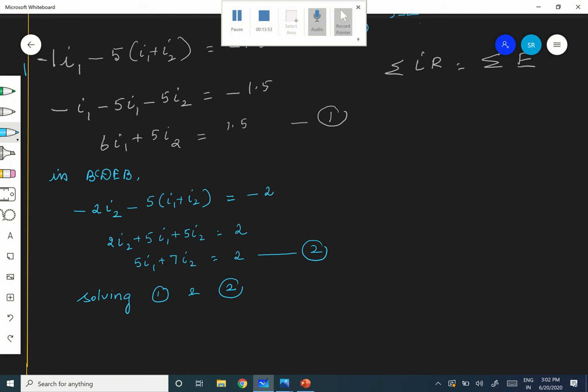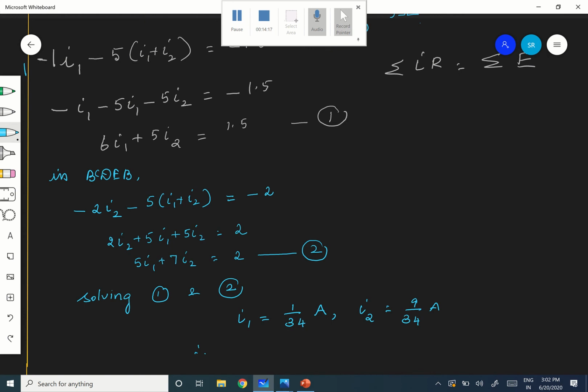On solving 1 and 2, you will be getting I1 as 1 by 34 ampere and I2 that is equal to 9 by 34 ampere. Therefore what is your I3? What is your I1 plus I2?